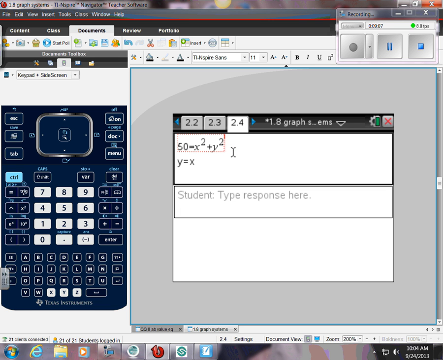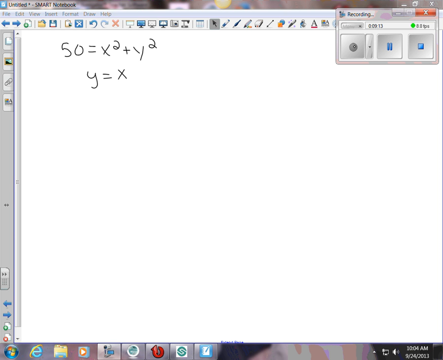We don't hate them. Okay, so we are going to solve this algebraically to start. All right, how am I going to do this one? Are they both y equals? I need another method. Absolutely, substitution. I know that y is equal to x. So why can't I just plug in x where I see y? I can.